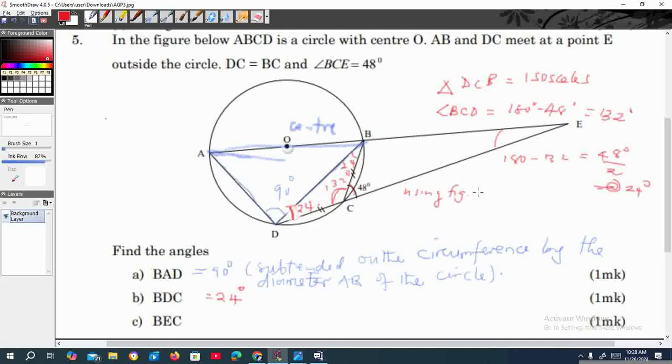Using the figure, or quadrilateral ABCD, it is going to be a cyclic quadrilateral. So angle A plus angle C must be 180 degrees. This angle here, angle C and angle A, they are going to be cyclic opposite angles.